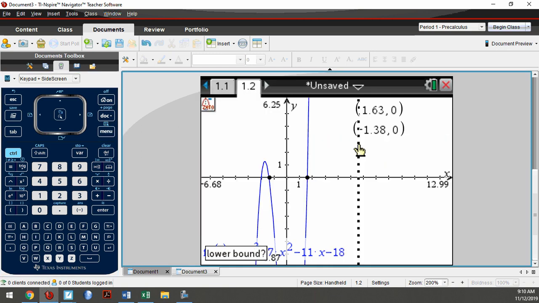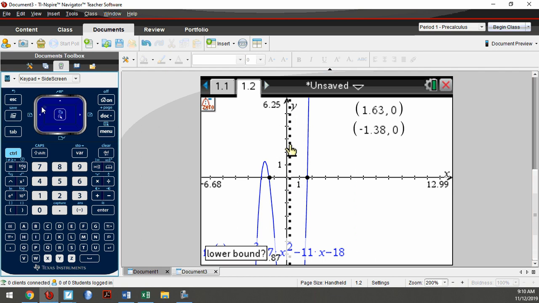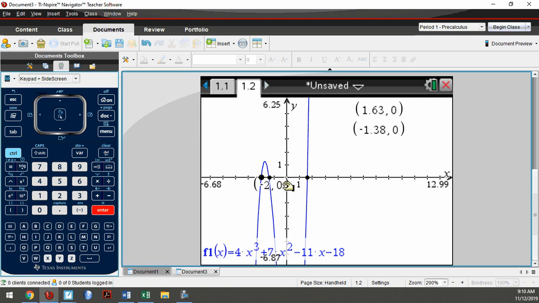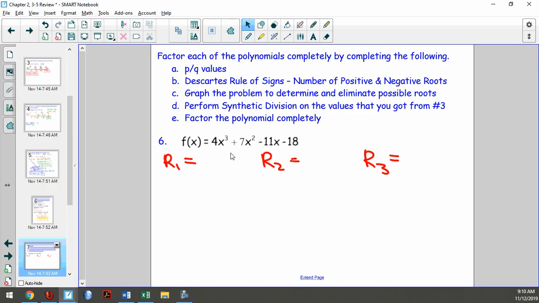Menu, analyze graph, zero. And then negative 2, 0. Do we see that? Negative 2, 0. Do we like that root? We really like that root. You know why? I know it's in my list. So I'm going to immediately put negative 2 here.